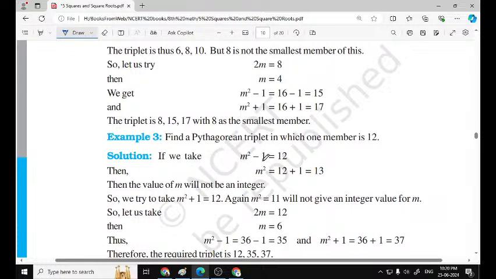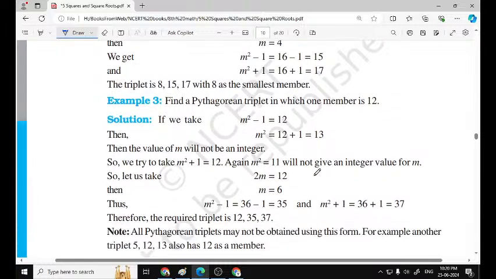If we take m square minus 1 is equal to 12, then m square is equal to 12 plus 1, that is 13. Then the value of m will not be an integer because 13 is not a perfect square.